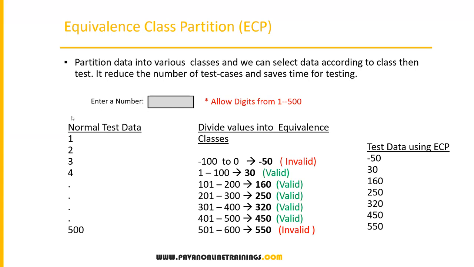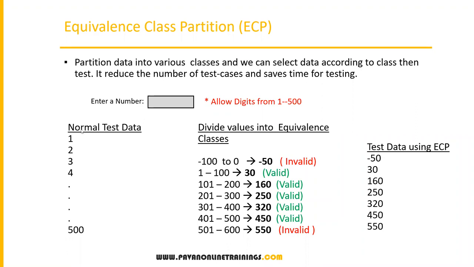If I don't use any test data technique, how will we test this with all combinations? We would just try to enter numbers from 1 to 500. We'll test the first one, check whether it is allowing or not, then 2, 3, 4, 5, till 500. So 1 to 500 numbers we have to enter and test whether it is allowing or not.